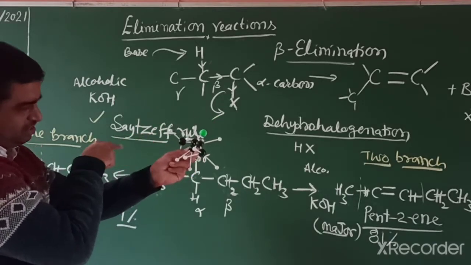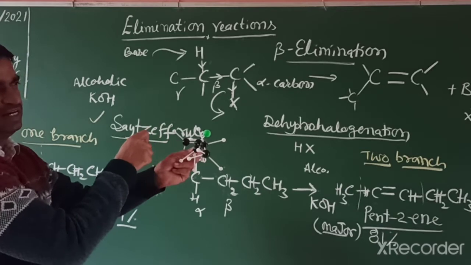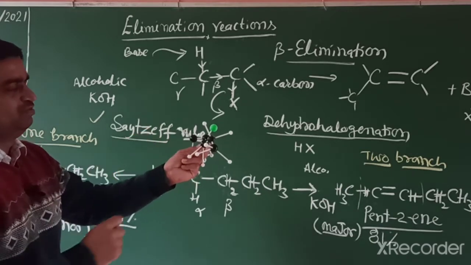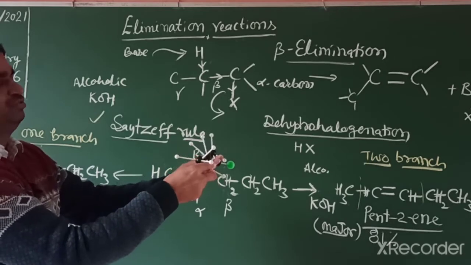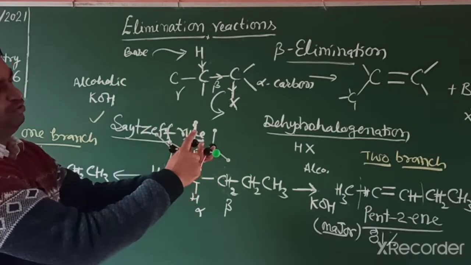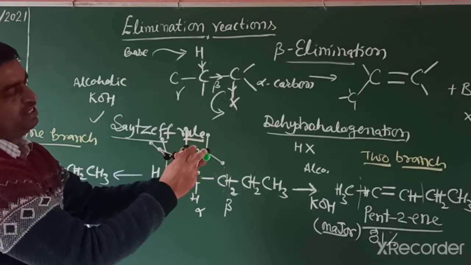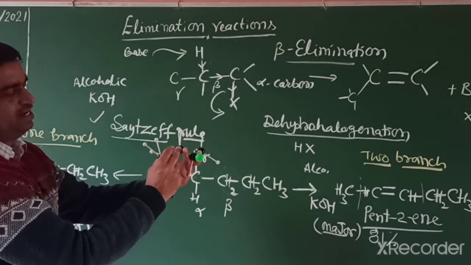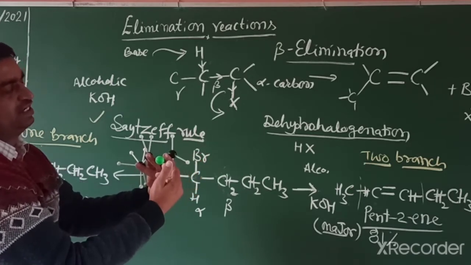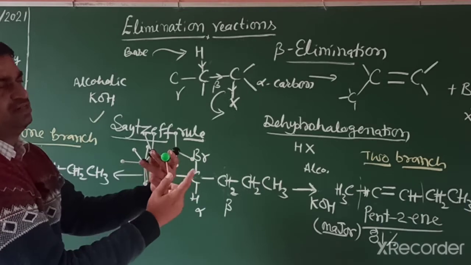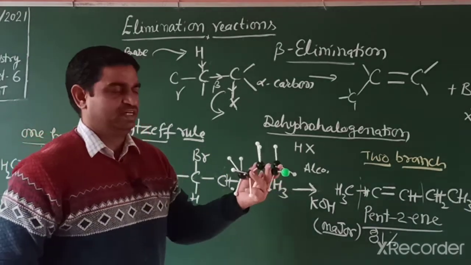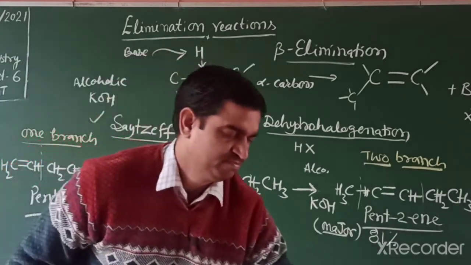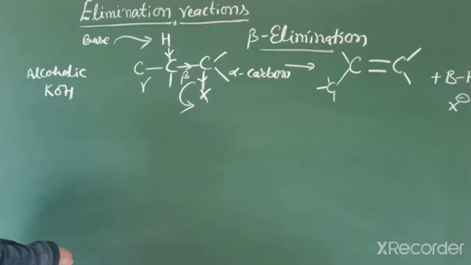Because when the base comes, this hydrogen is slightly acidic and is easily removed, and it can be removed from either side of the second carbon. If it is removed from this one, then we get a double bond between second and third carbon. If it is removed from the first carbon, then we get a double bond at the first carbon. So the more branched alkene we get is the major product.